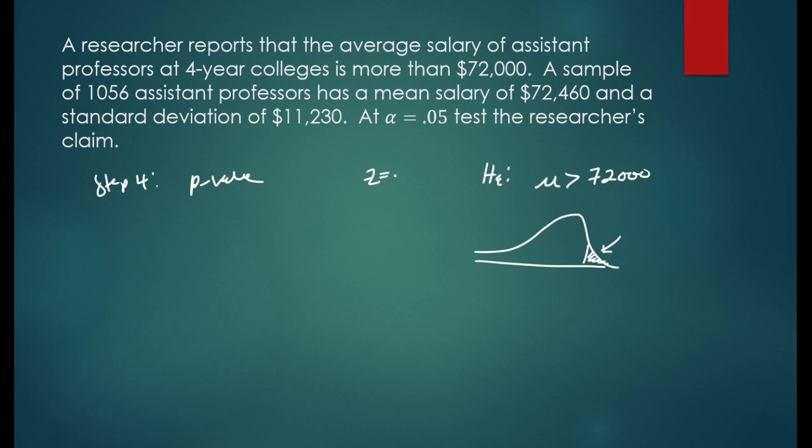The z statistic from earlier was 1.331. So the p-value is equal to the probability that z is greater than 1.331.